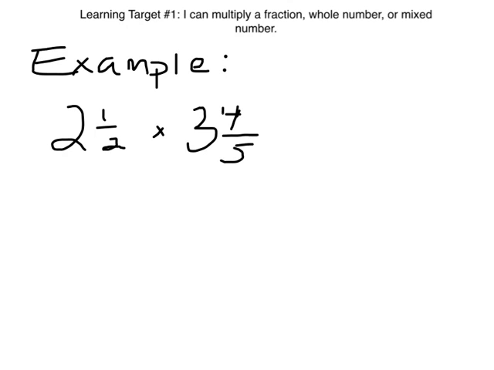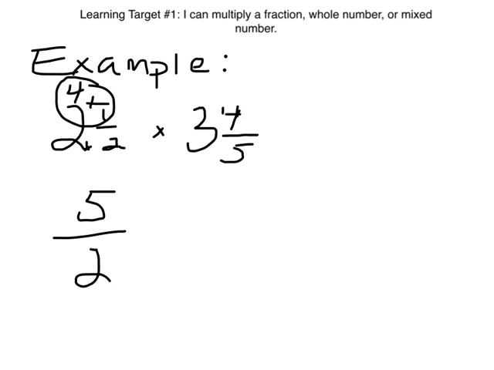So to determine fractions, we're going to take the denominator of 2 and multiply it by the whole number 2. And 2 times 2 is 4. And then we'll add the numerator and get 5. And we keep the denominator, so we have 5 halves. So basically we're figuring out how many halves are in 2 1/2.